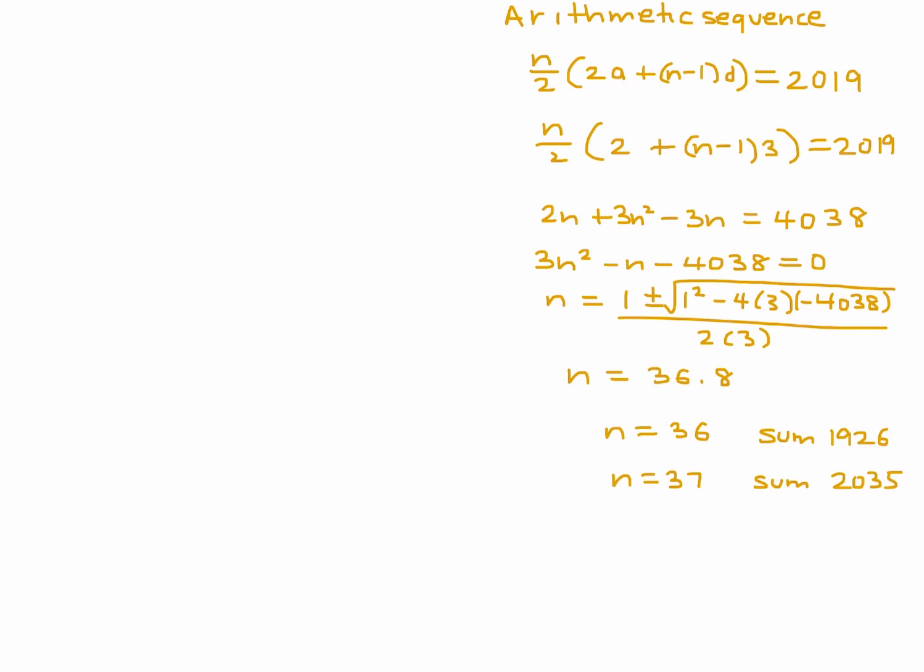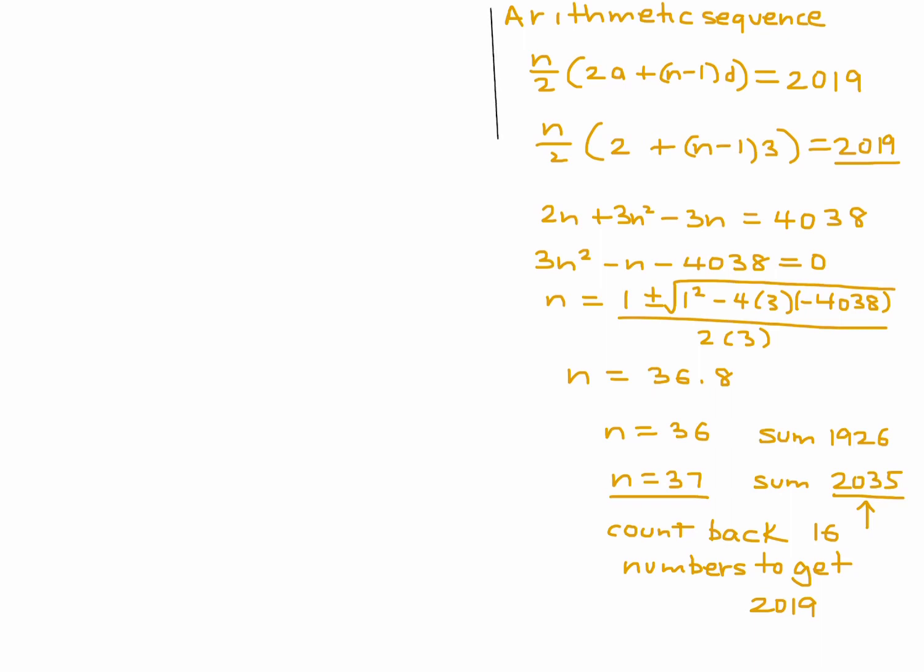And then when you get a sum of 2035, you have to go back by 16 numbers to get the 2019th number. So n is 37, and then of course you will count back 16 numbers to get that 2019, counting back from 2035.